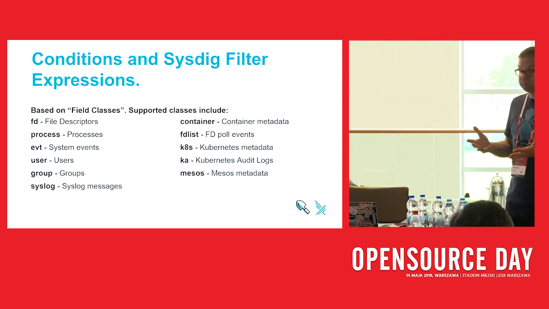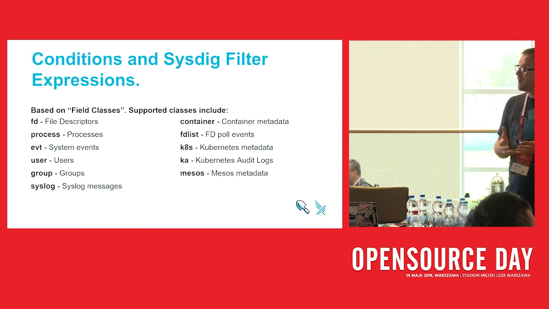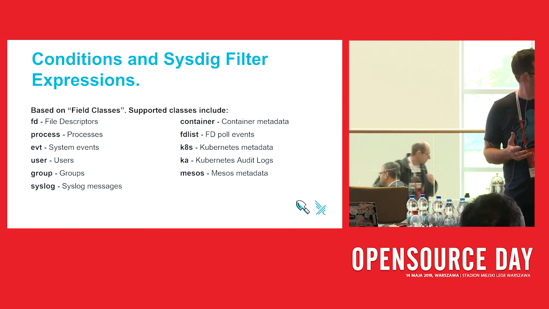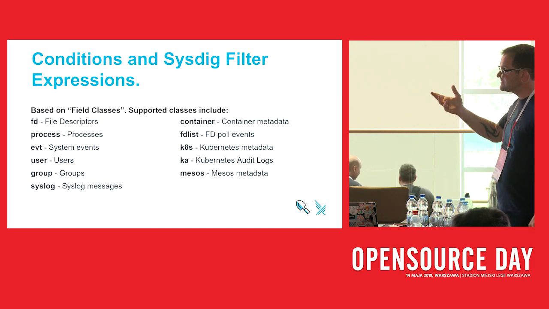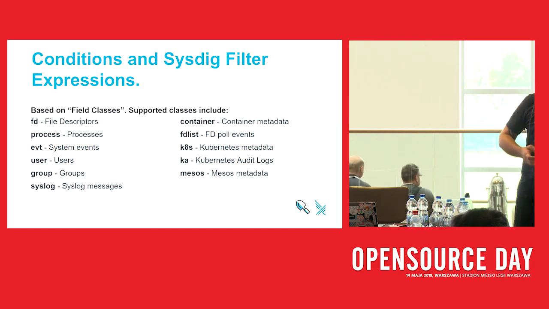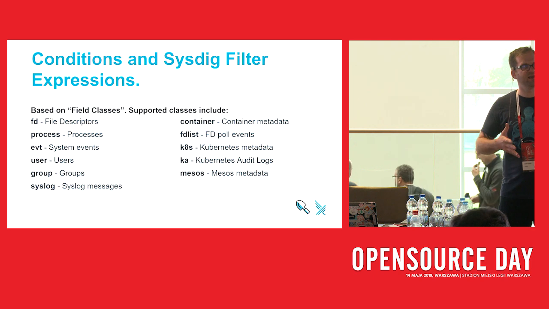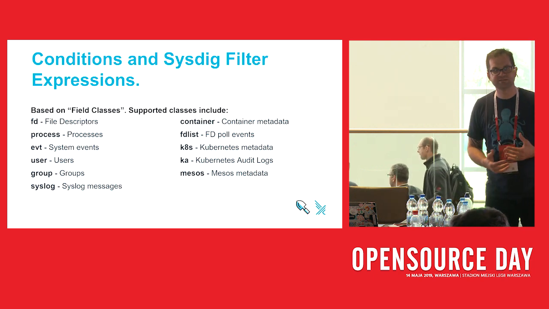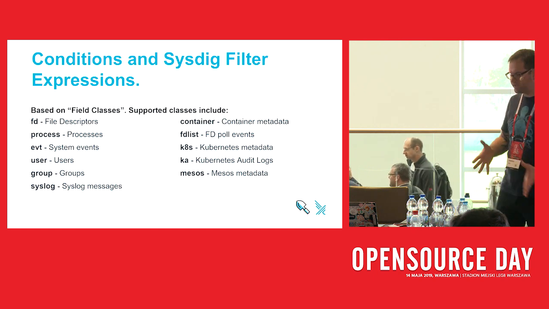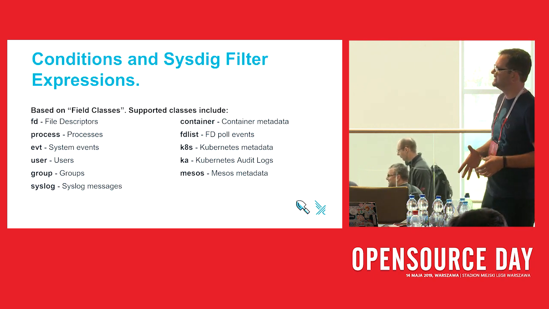So FD is file descriptors. Processes are pretty self-explanatory, and events, or EVT, are probably one of the more powerful ones, because here we can look at, okay, what is a file open, what is a database forking a process, and so on and so forth. So we can get really granular in this level of detail.